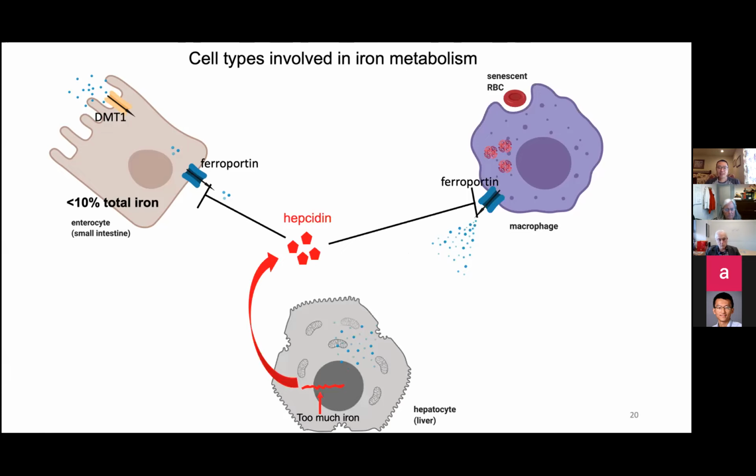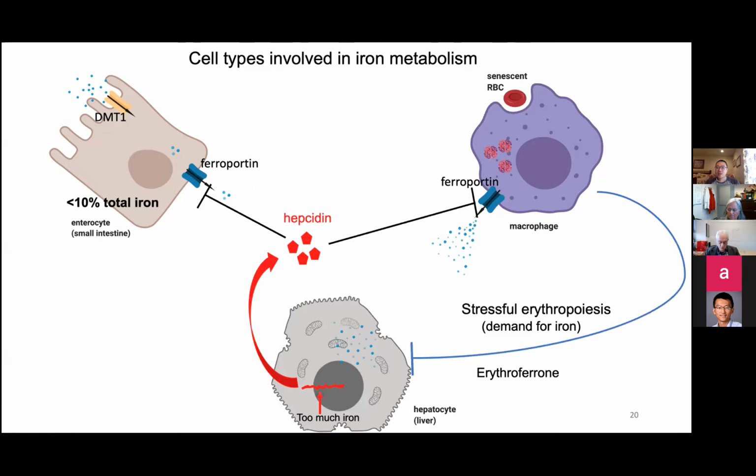The hepatocytes are also important for maintaining iron homeostasis in vivo, because in response to a higher level of iron in the blood, the hepatocytes secrete the small peptide hepcidin, which inhibits the mobilization of iron into the bloodstream.